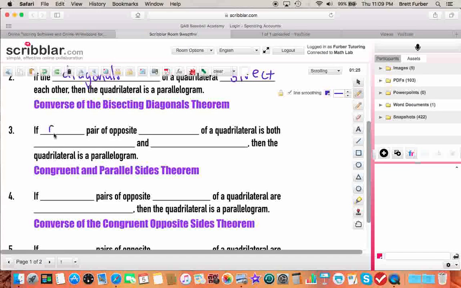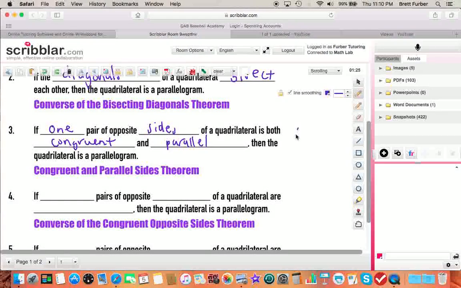This theorem states that if one pair of opposite sides of a quadrilateral is both congruent and parallel to each other, the same pair, then the quadrilateral is a parallelogram.